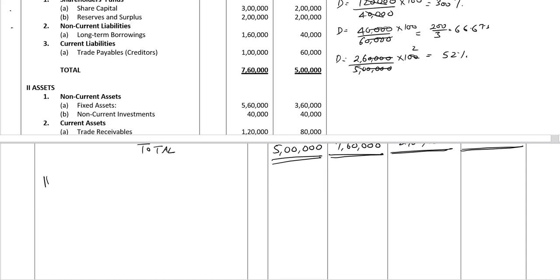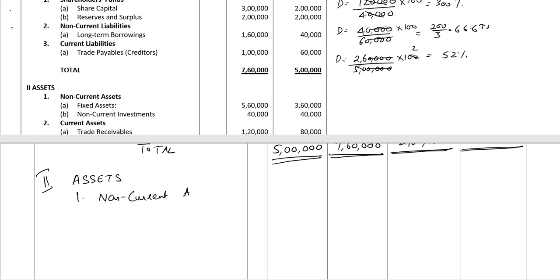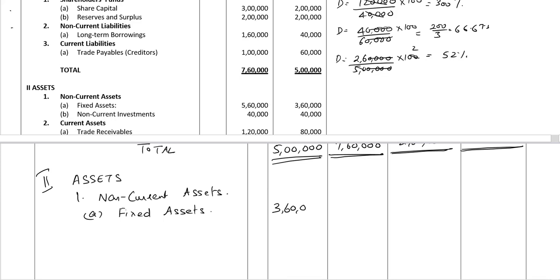We'll move on to Roman number 2, assets. We have 1 as non-current assets. A, fixed assets. 3,60,000 first column, 5,60,000 the next column.